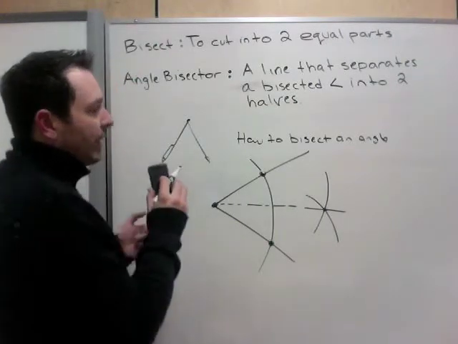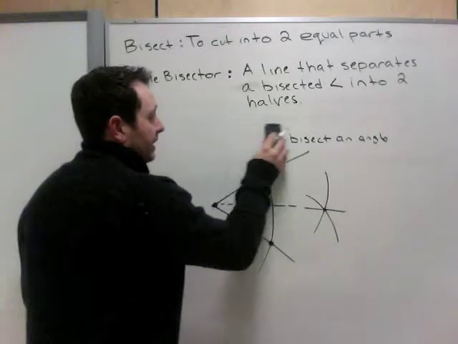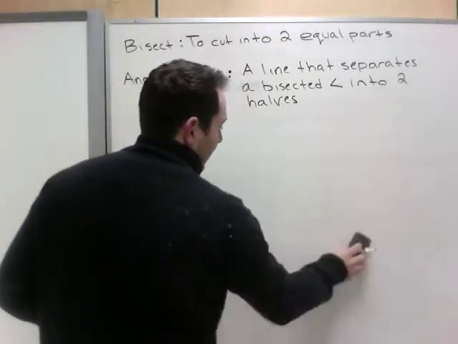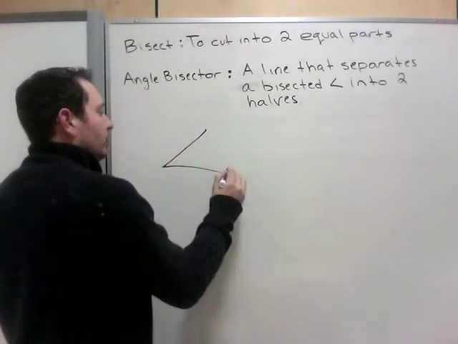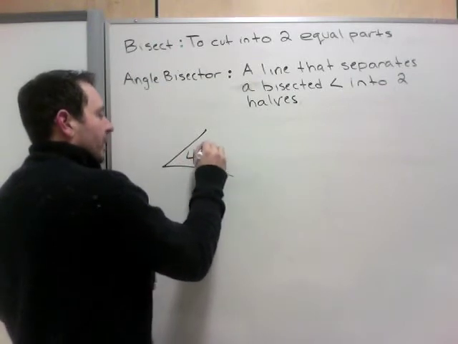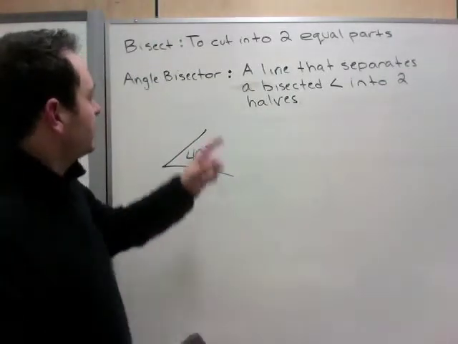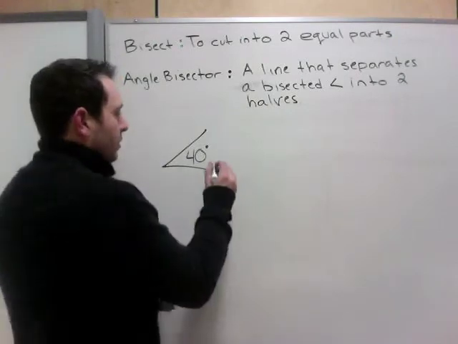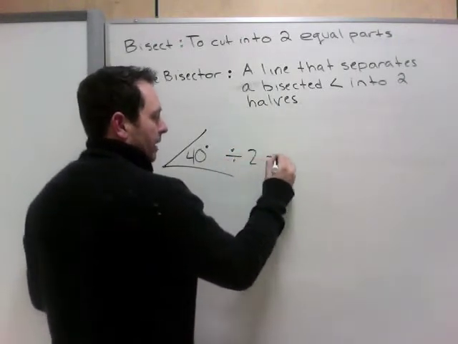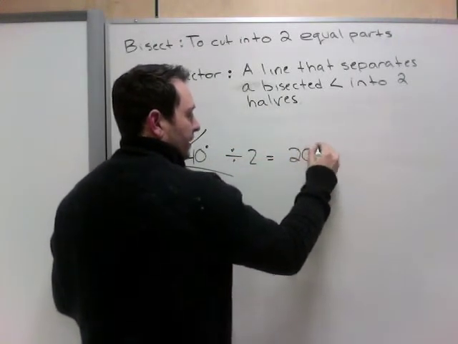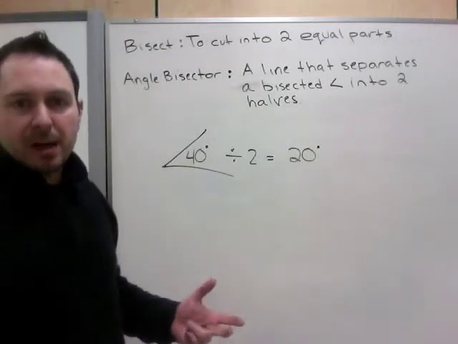Now, if we had to do this algebraically, so just using math, let's say you knew this was a 40-degree angle. Bisect means to cut into two equal parts. So you divide by 2, and 20 degrees would be the size of the bisected angles.